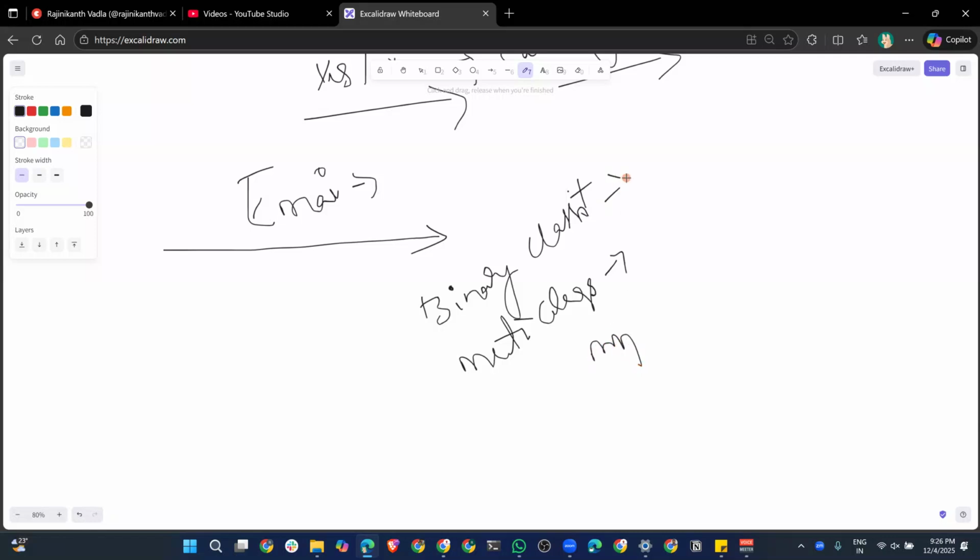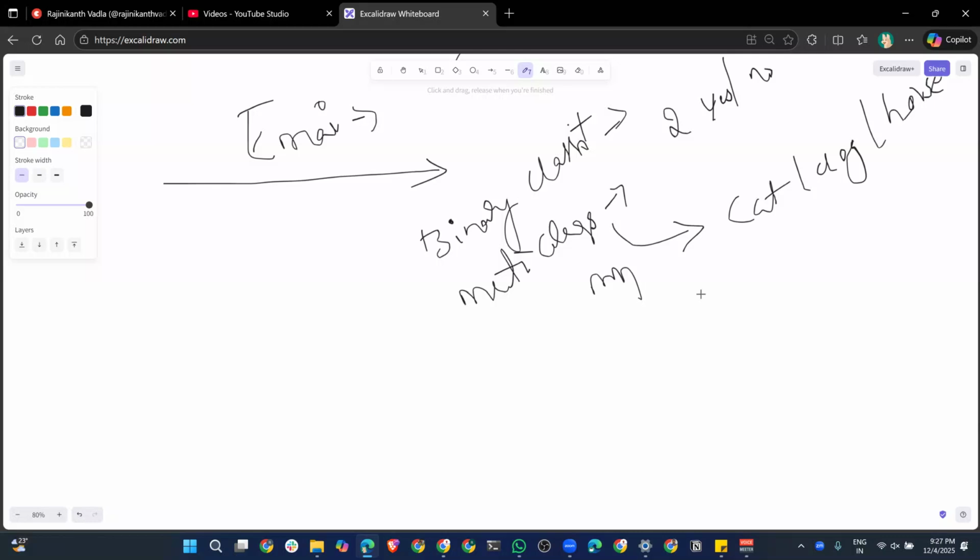Binary classification is only two classes, one is yes, one is no, something like the mail is spam or not spam. Multi-class is something like cat, dog, and horse, when you have three. And multi-label is when there are multiple labels.